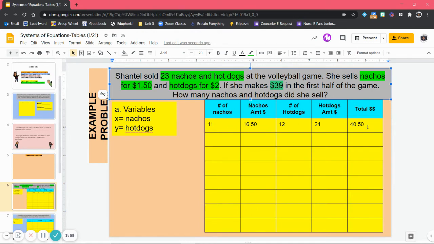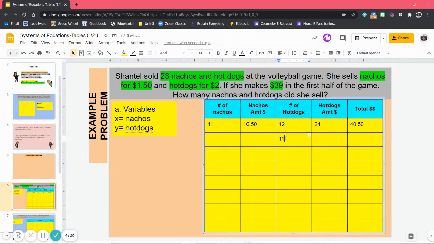If I'm over the limit, I probably want to go down in either nachos or hot dogs. Let's say I go down in hot dogs, because that one is more money, it's $2. That means I have to go up in nachos, because it still has to equal 23.